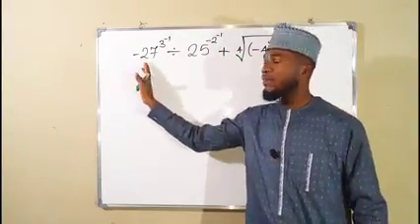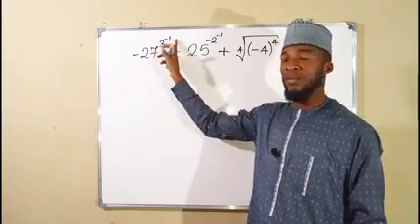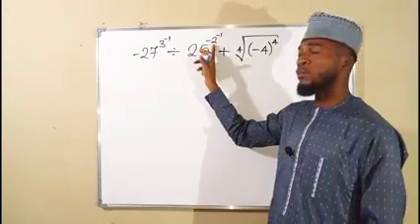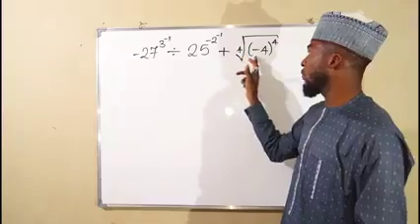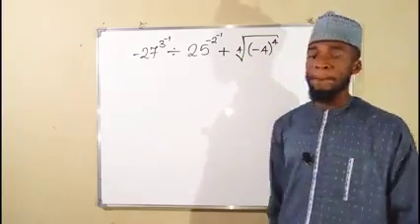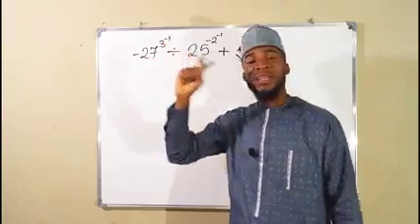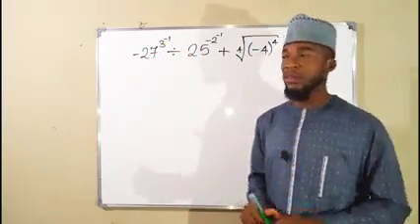We have negative 27 raised to the power of 3 power negative 1, divided by 25 raised to the power of negative 2 power negative 1, plus the 4th root of negative 4 power 4. 3 raised to the power of negative 1 can be written as 1 over 3 from laws of indices.